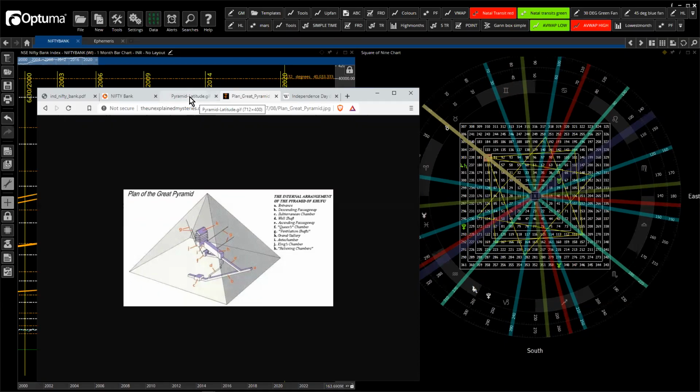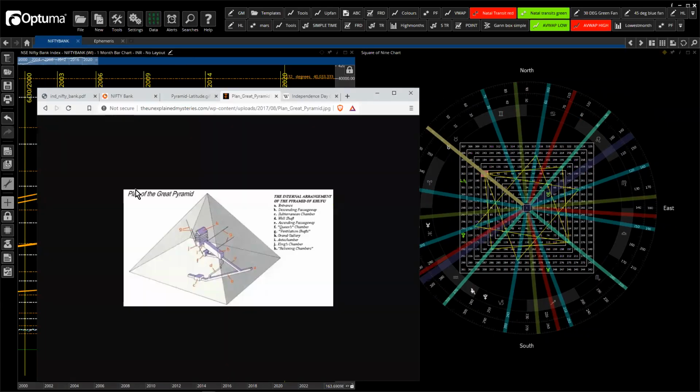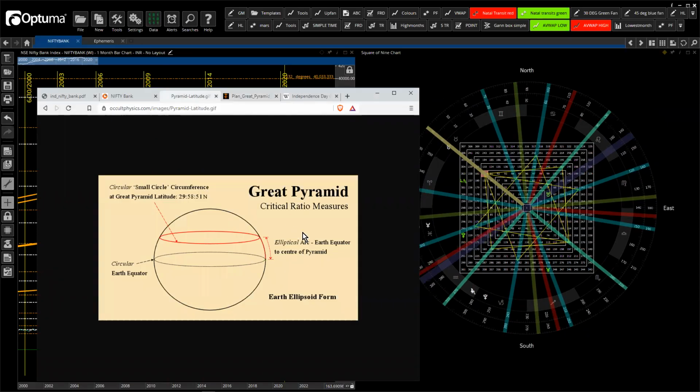Just another perspective is that you're setting up this circle also. And in some way, it's almost like you're setting this as a pyramid on the earth. And just taking an example, so I have that pyramid up here. Pyramid, there we go. So the pyramid of Egypt sits at this latitude here.